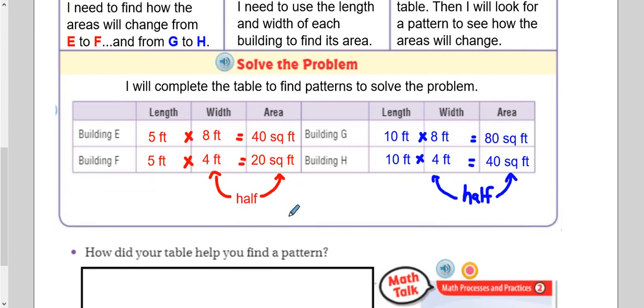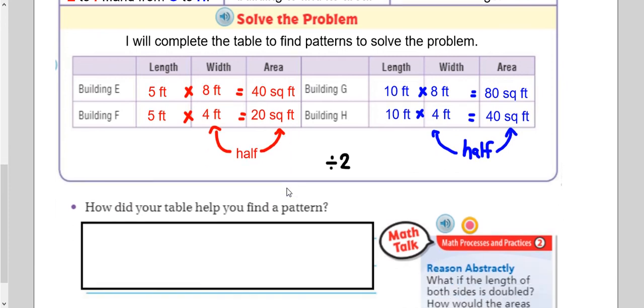Or we could say that it was divided by 2. All right, because 8 divided by 2 is going to give us 4. 40 divided by 2 is going to give us 20. Same thing over here. 8 divided by 2 is 4. So 80 divided by 2 is going to give us 40.